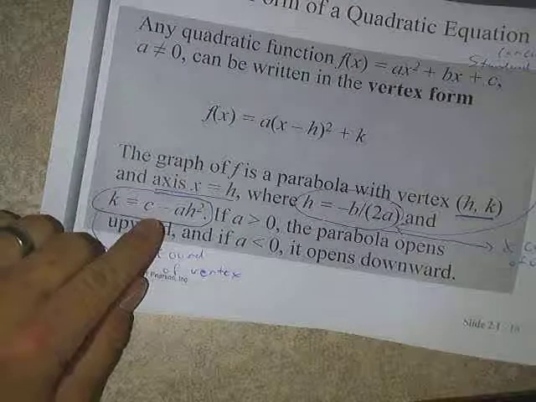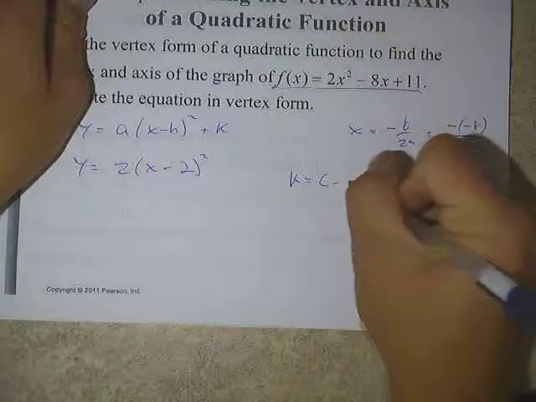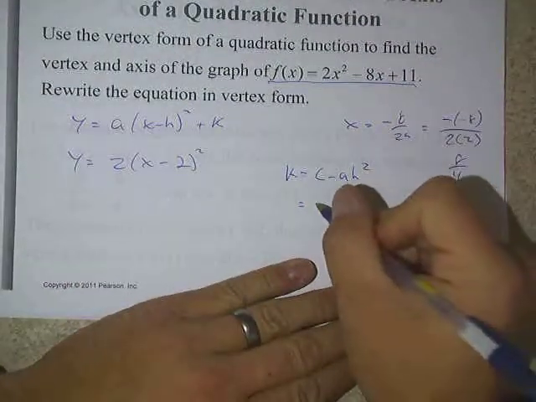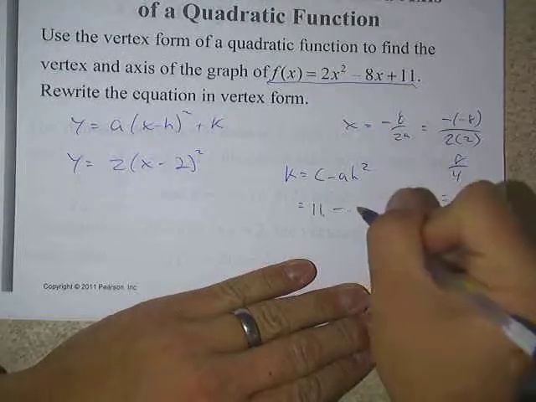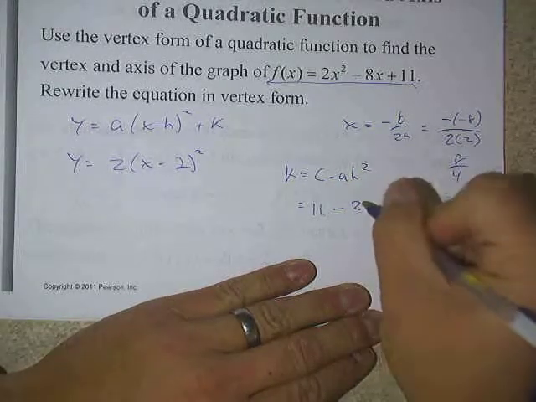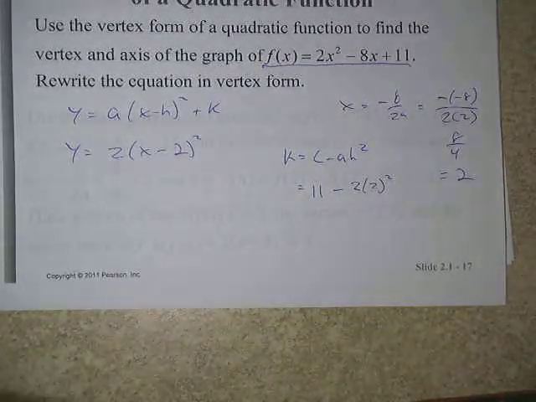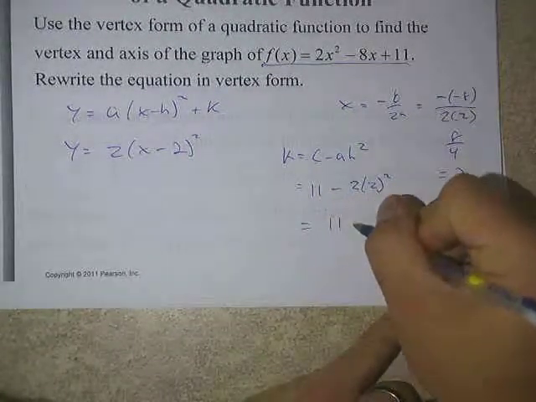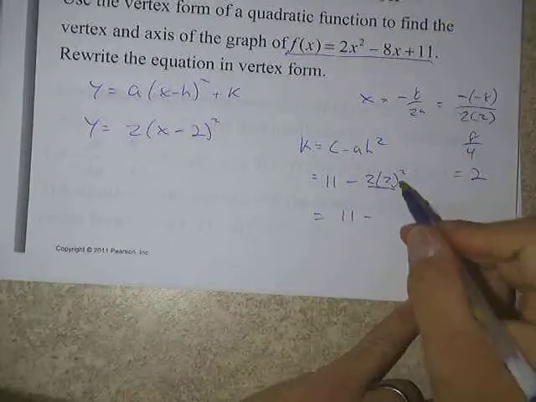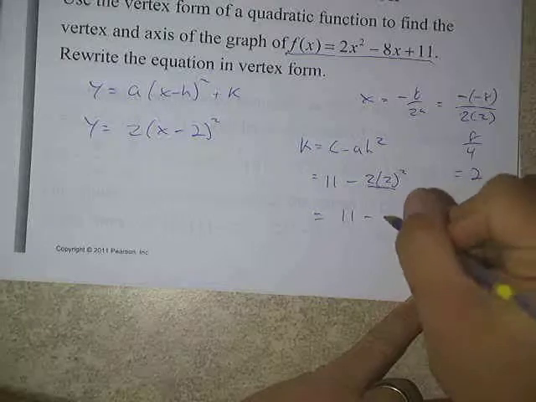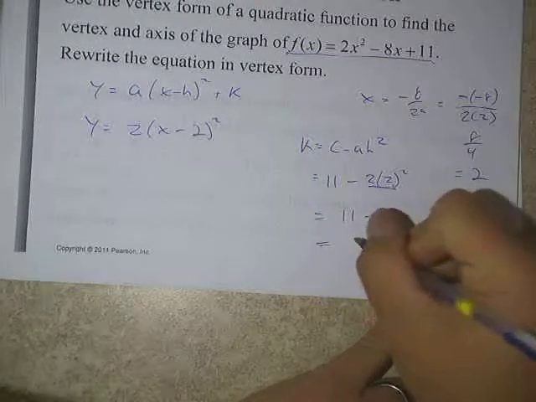And then we just have one other part, which is to figure out the y-coordinate of the vertex. Let's go ahead and use that little formula they gave us, which is k, the y-coordinate. Looking back at our previous formula, it was c minus ah squared. So if you write that down, c minus ah squared, c for us would be 11.